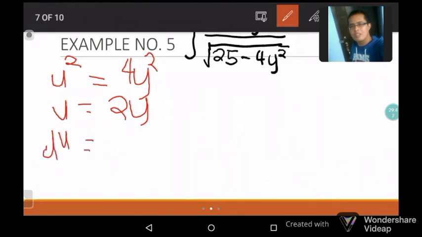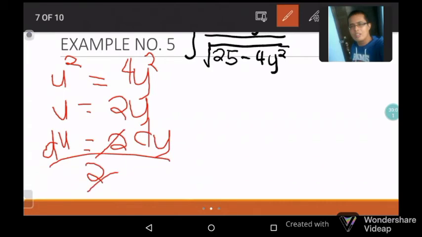So dito may dy o du over 2 ka. So your dy is du over 2. A squared, alam natin na 25 siya. Get the positive root of a. So which is equal to 5. So square root of 25, which is equal to 5.